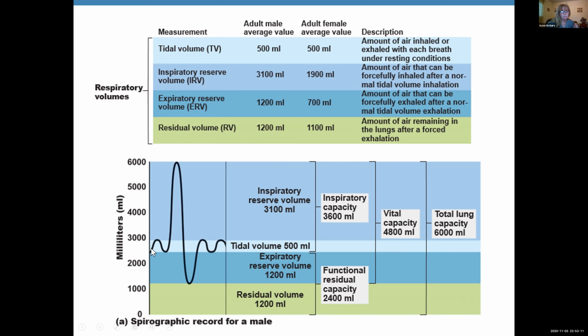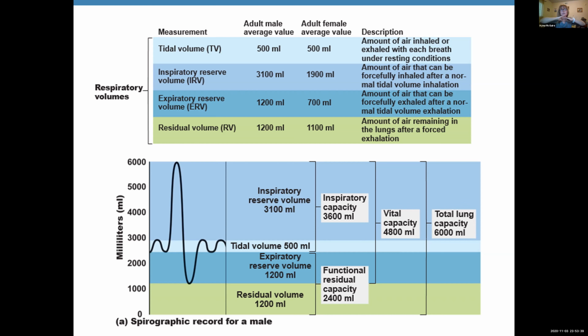So the first volume that you need to know is tidal volume. Tidal volume is the amount of air entering and exiting your lungs during normal breathing, and it's about 500 milliliters. So it's half of a liter. It's called tidal because if you go to the ocean, it has a tide.